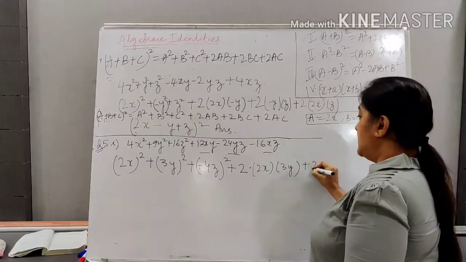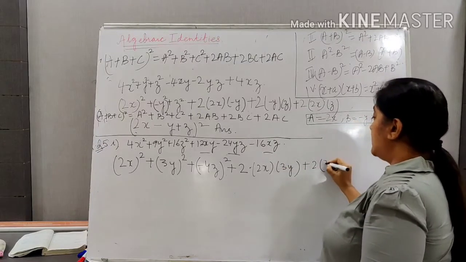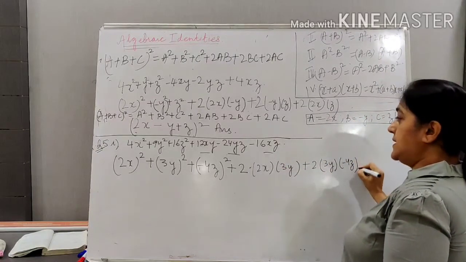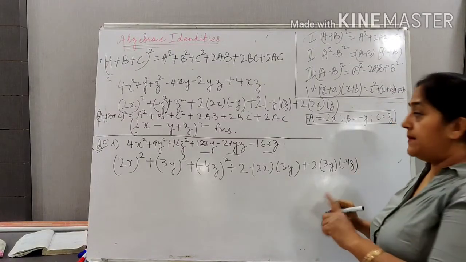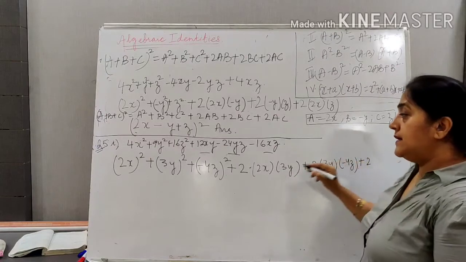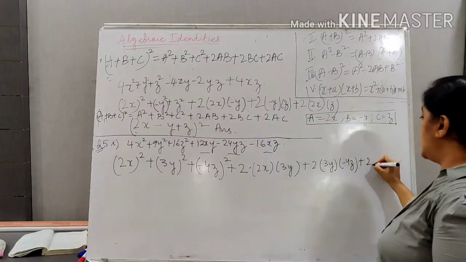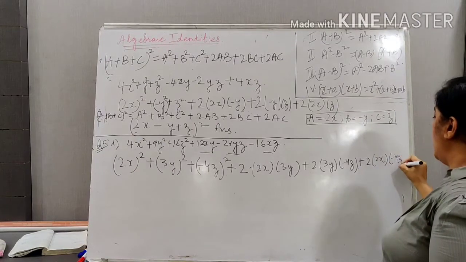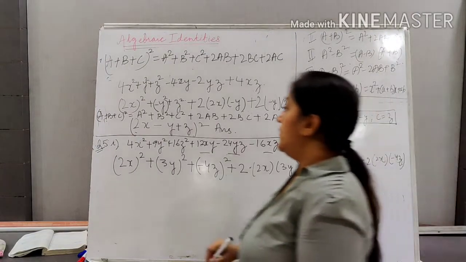Similarly plus 2yz. What is y? Y is 3y and z is minus 4z. Got it? Similarly, minus of 16 plus 2 of the formula, and it is xz. So it is 2x into minus of 4z. Right? So what will you get?